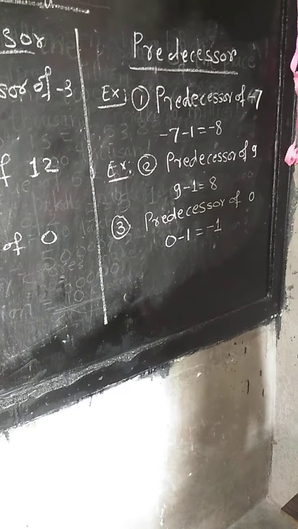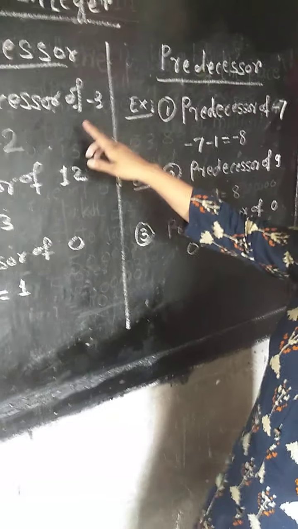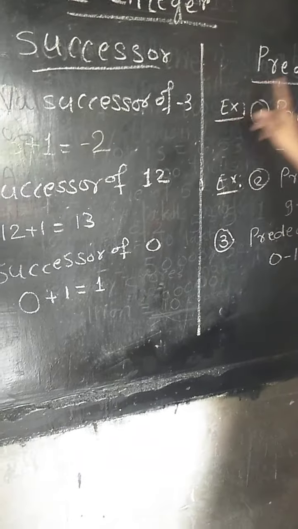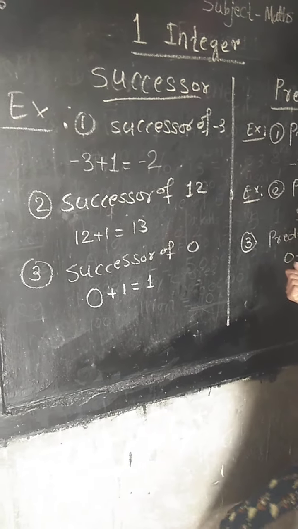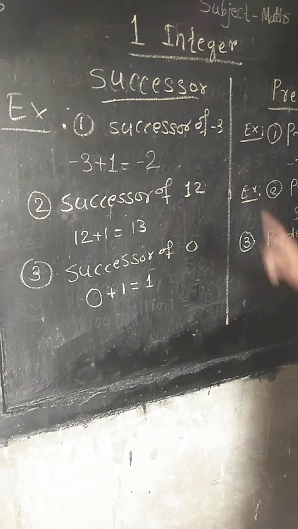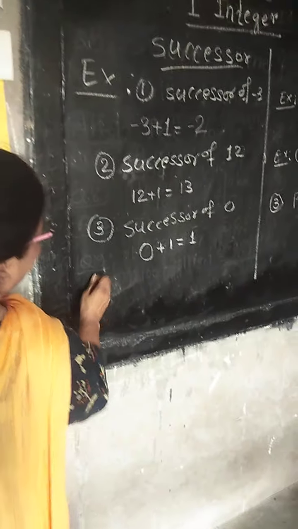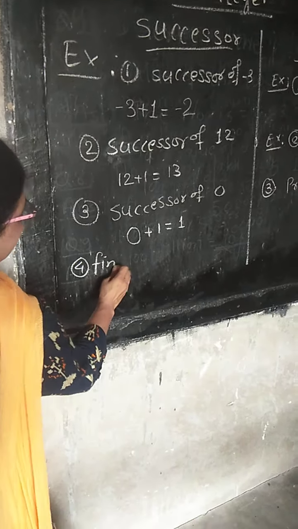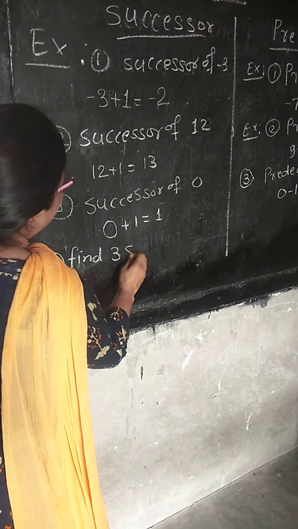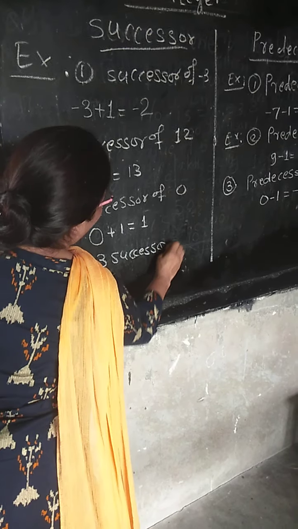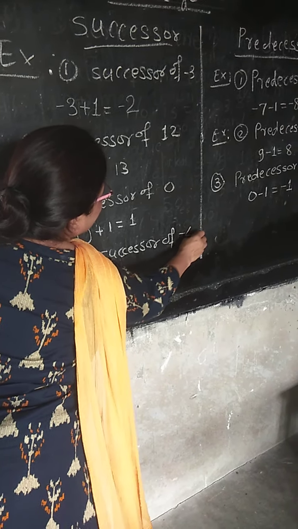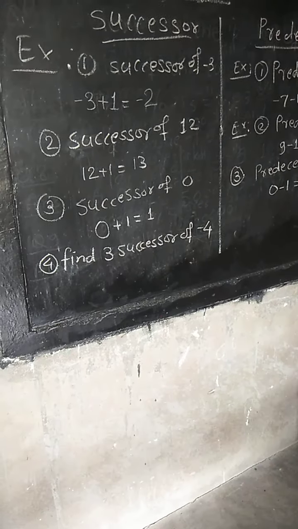In this way, you have to find the successor and predecessor of a given integer. If you want to find the 3 successors of -4, then what you have to do?